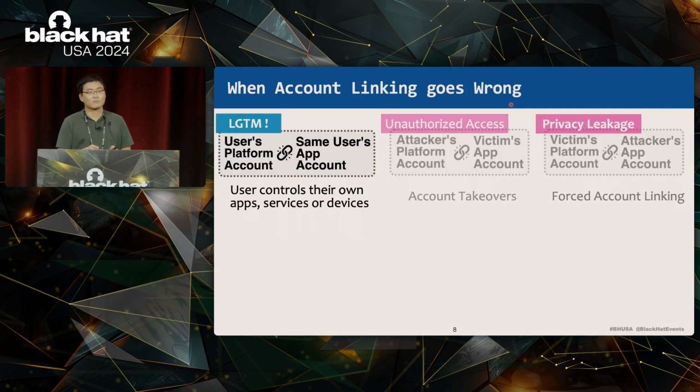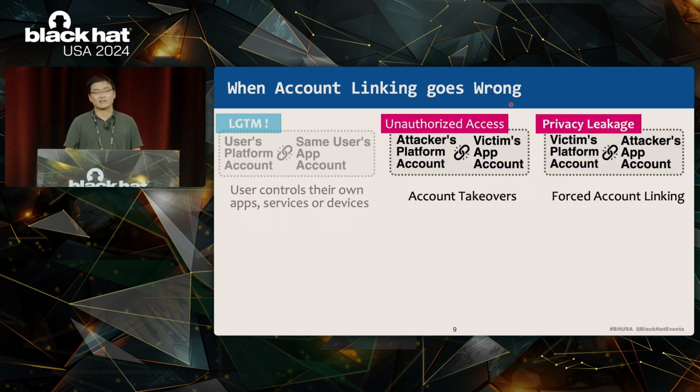In account linking, normally a user just links their own app account, like Lyft account, to their platform account, like Alexa account. So it's perfectly fine, and nothing can go wrong. However, let's say I am an attacker and you are the victim. If I can somehow steal your Lyft account and then bind it to my Alexa, then I can request a ride for free, and you're going to pay my bill.